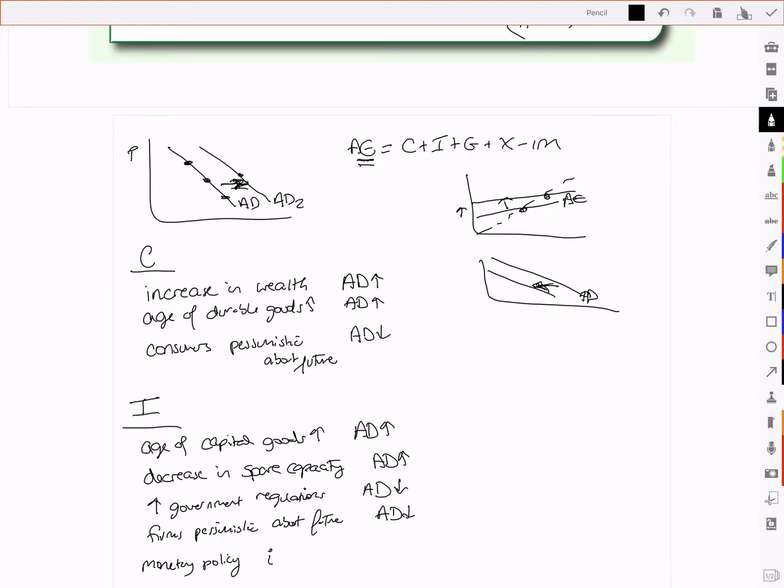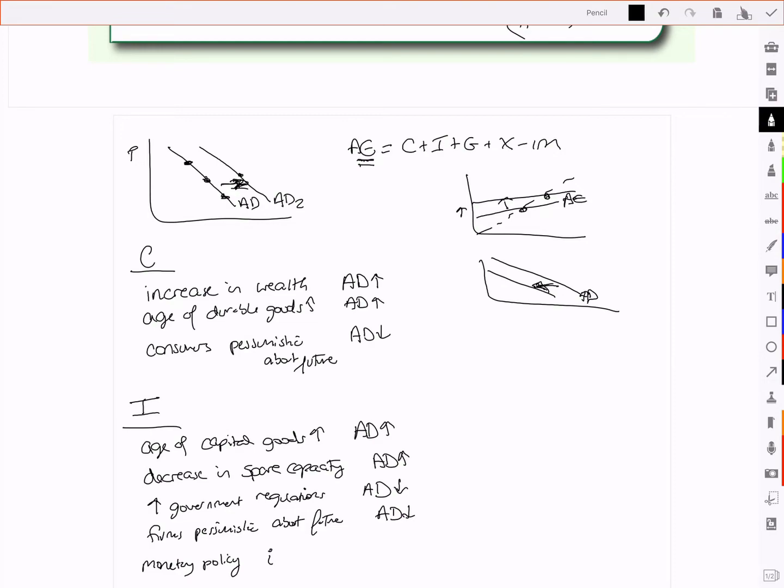Now, interest rates do change because of inflation or deflation, and that is part of what derived the downward sloping aggregate demand curve. But we can also change interest rates to speed up or slow down the economy. So let's look at monetary policy where we're changing interest rates separate from a price change.